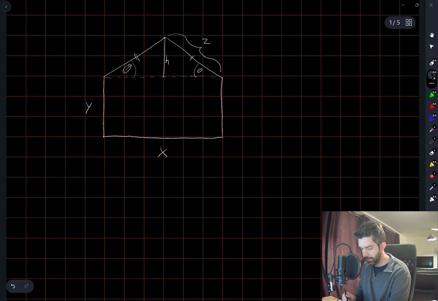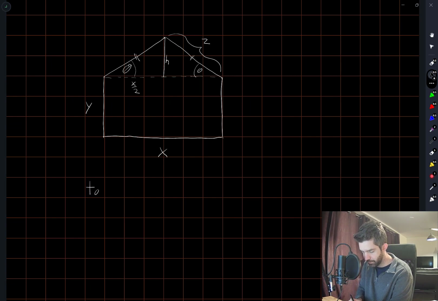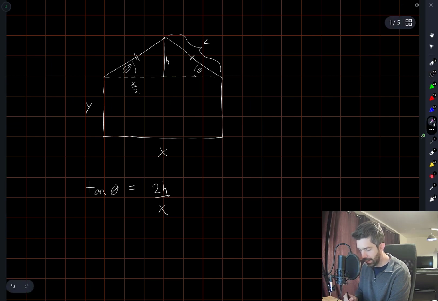So I have then, this of course is going to be x over 2. I'll have tan theta is equal to 2h over x. I think what I'll do is I will have x, y, and theta be the three variables that I use for everything.